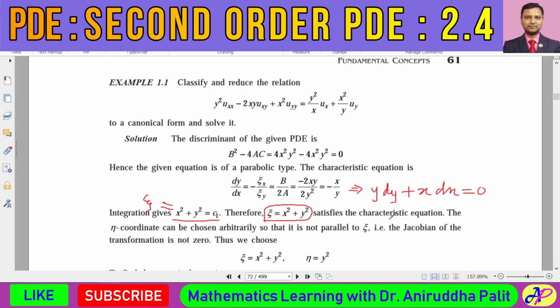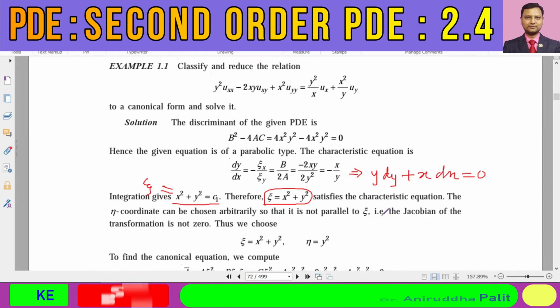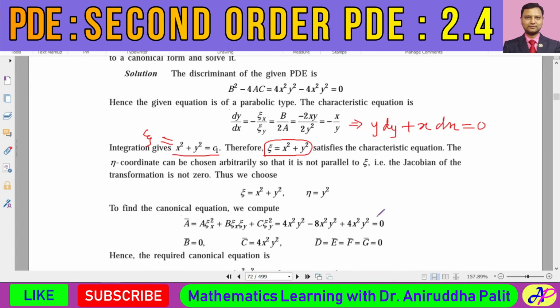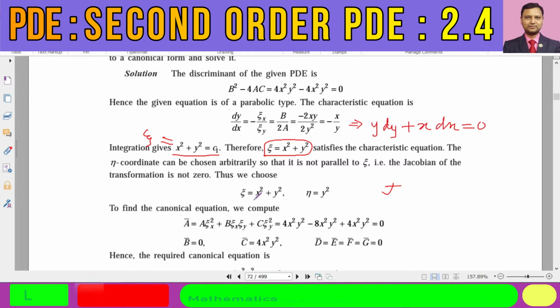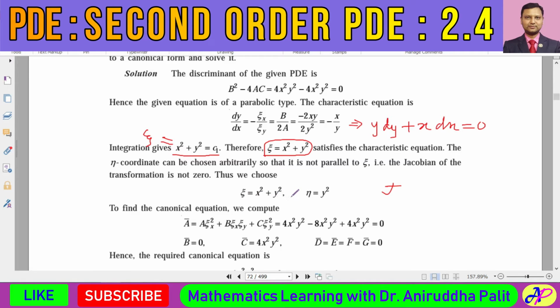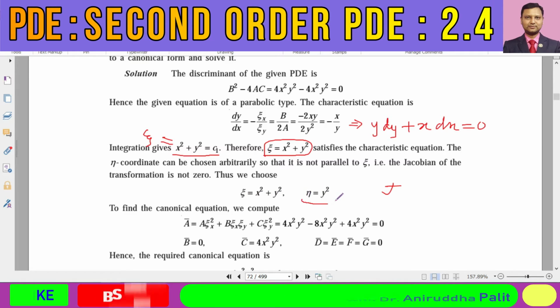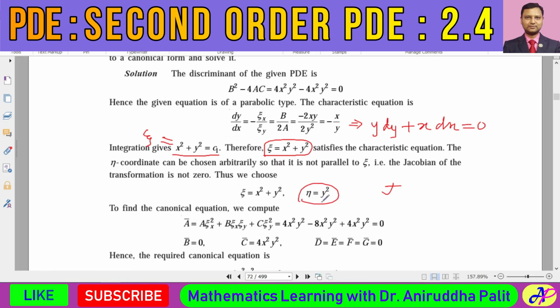Now in case of a parabolic differential equation, we know that we need to choose one more variable eta, so that the Jacobian is not equal to 0. So whenever we have xi equal to x square plus y square, over here they have taken eta equal to y square. You could also take eta equal to x square. Both of them would be valid transformations.